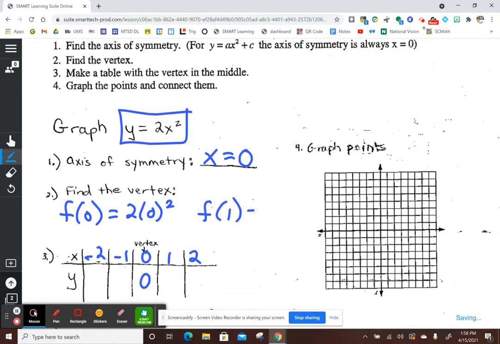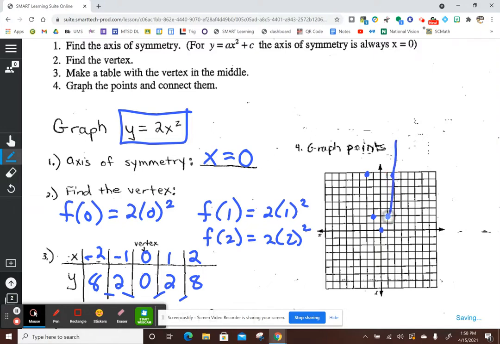So if I find f of 1, that means I plug in a 1 where I see an x. 1 squared is 1 times 2 is 2. And then I find f of 2. And 2 squared is 4 times 2 is 8. I take advantage of the symmetry, right? And I graph these points. So -2, 8, -1, 2, 0, 0, 1, 2, 2, 8. And again, I try to make the most U-shaped graph I can. And I have now graphed another function.